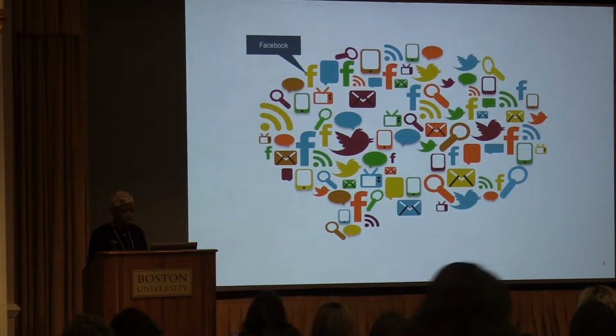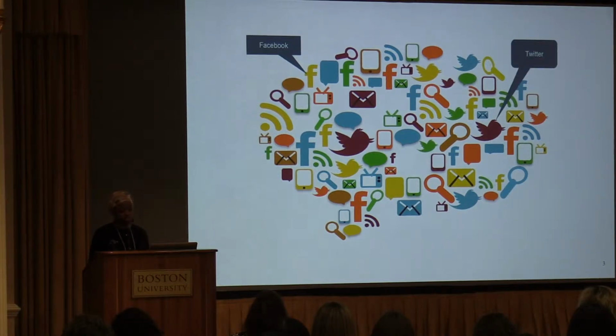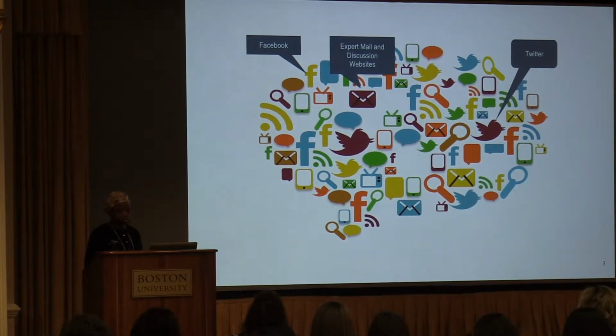As I mentioned, this data comes from many different sources. Social media is one of those. So we get data from Facebook and Twitter. We also get data from expert mail and discussion websites, where people talk about things like medications or specific diseases. They talk about side effects of medications. That could be really useful.